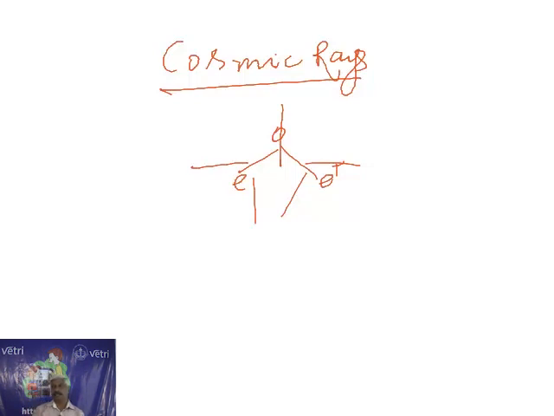The intensity of cosmic rays increases as it approaches the upper atmosphere, and as it comes down the intensity decreases. Also, in geographic areas, when you go to the equator, there is a deviation of cosmic rays. That is called the latitude effect and the altitude effect of cosmic rays.